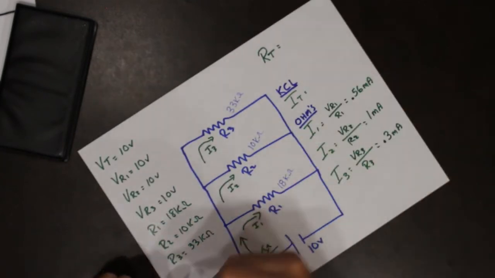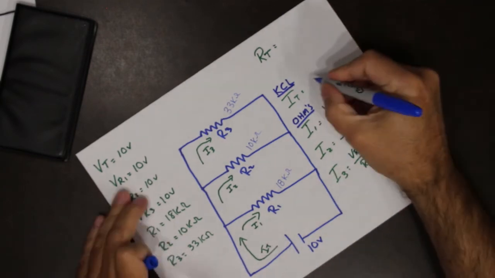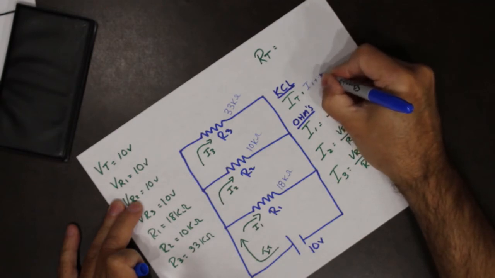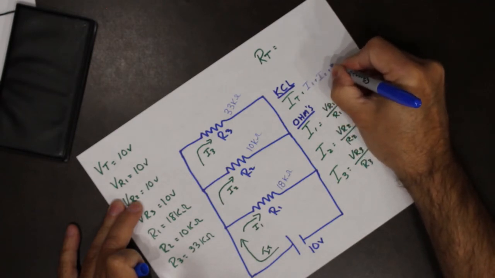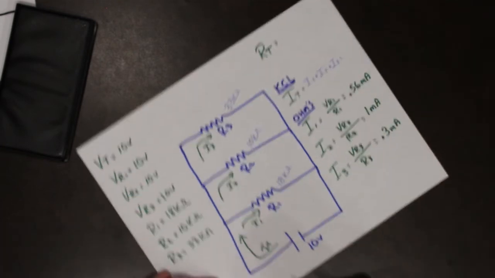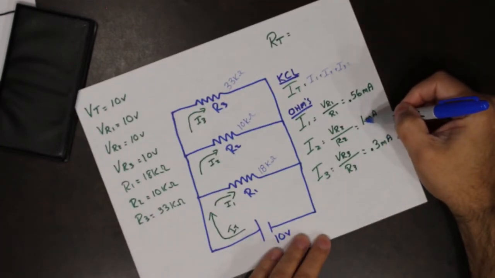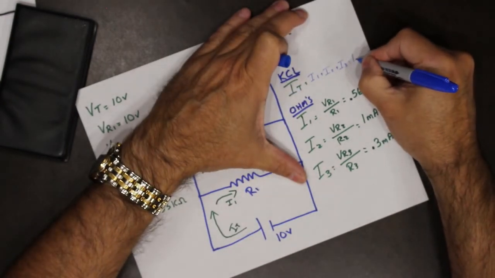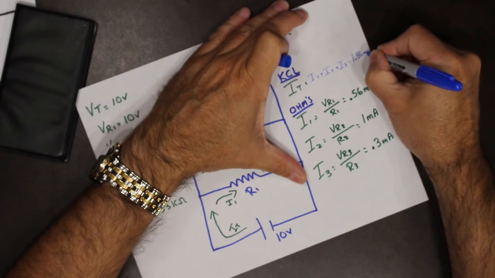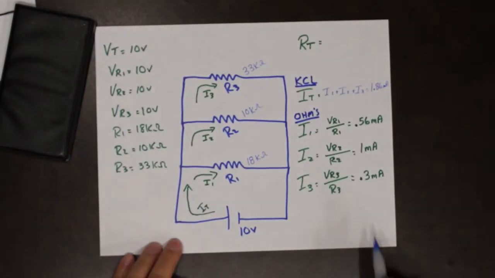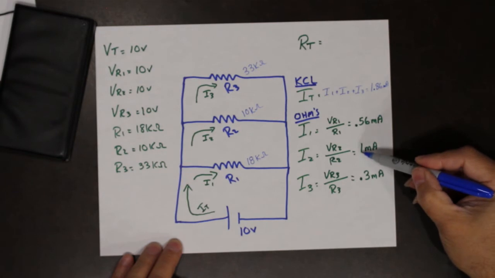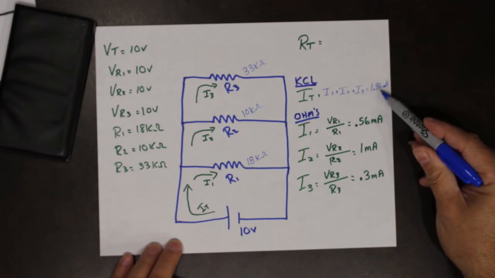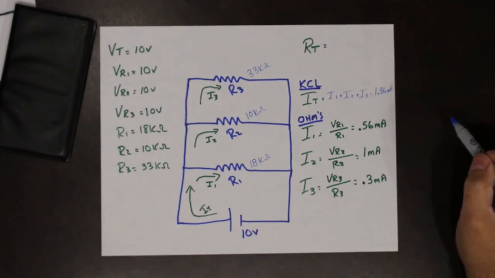So that is I1 plus I2 plus I3 equals 1 plus 0.56 plus 0.3. So that becomes 1.86 milliamps. So I'm just doing that in my head. 1 plus 0.56 plus 0.3, so 1.86 milliamps.